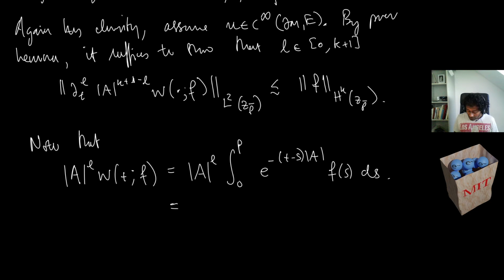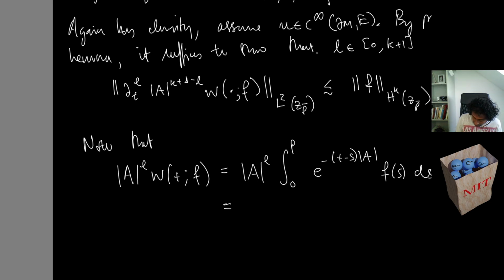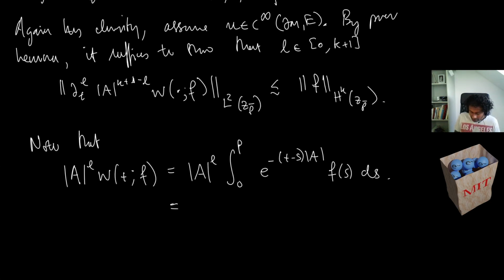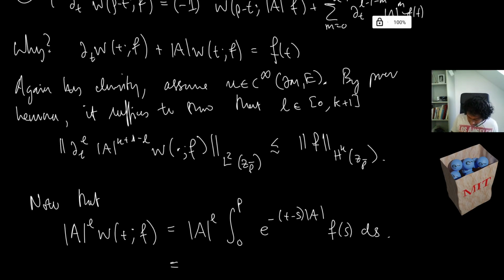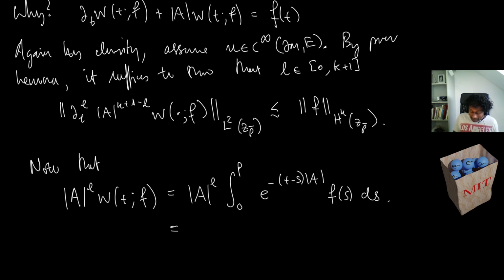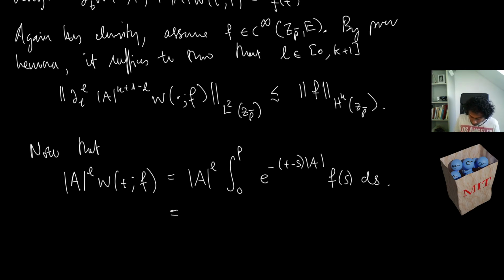Now this is for this range of L, 0 to k plus 1, or maybe 0 to k. And we assume f is in C infinity, actually not C infinity of partial m, this should be z rho bar. So now f is smooth enough so we can push the operator through.